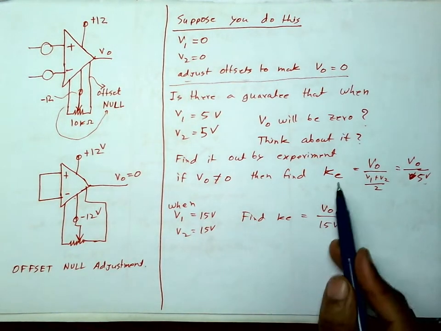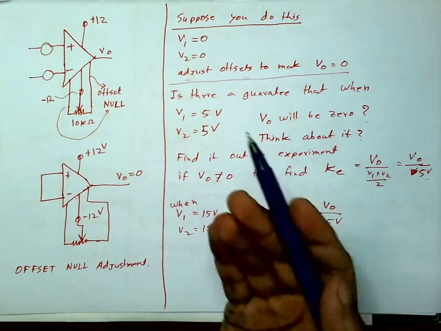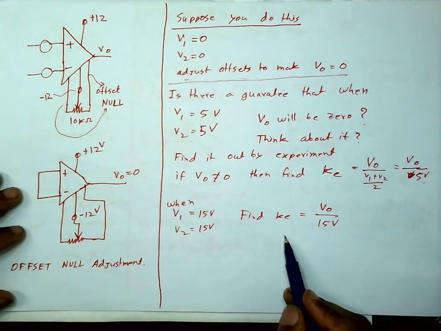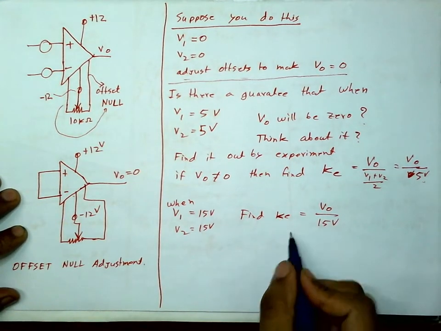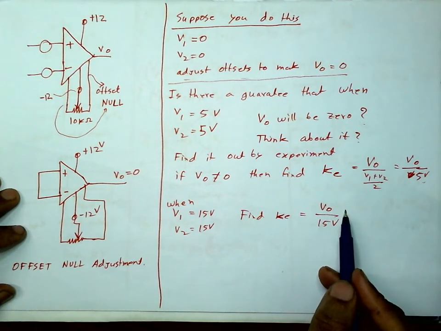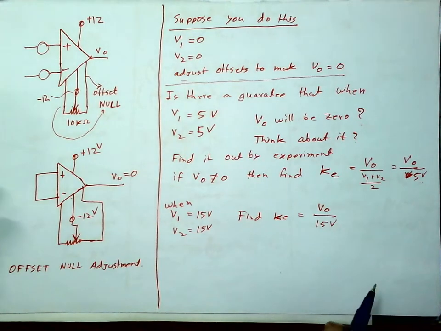All this should ideally be 0 because this should be a difference amplifier, but may not be. So find out if this is not 0, then the amplifier is not good. But if it is close to 0, then the amplifier is good.